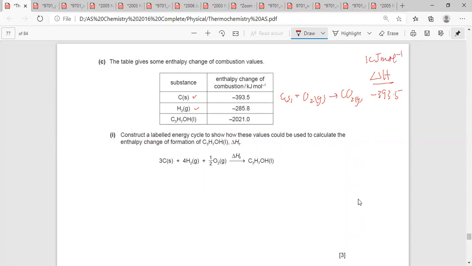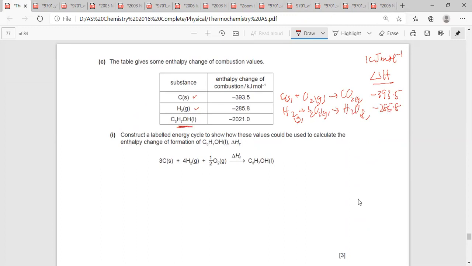Hydrogen is H2, plus half O2, to give you H2O liquid. How much is this? Minus 285.8.